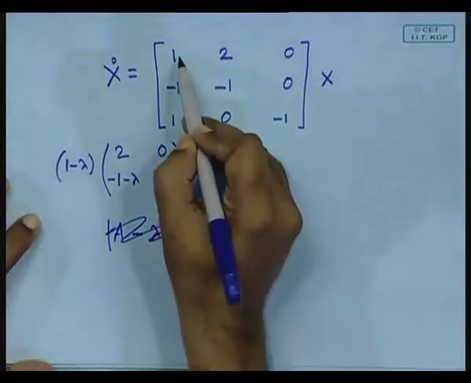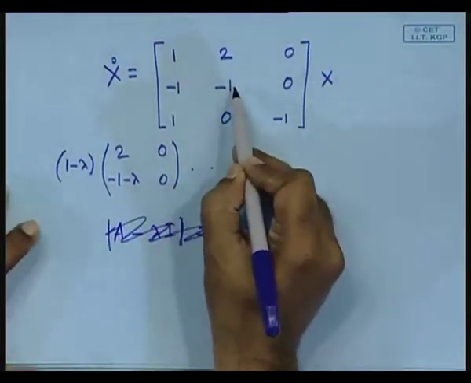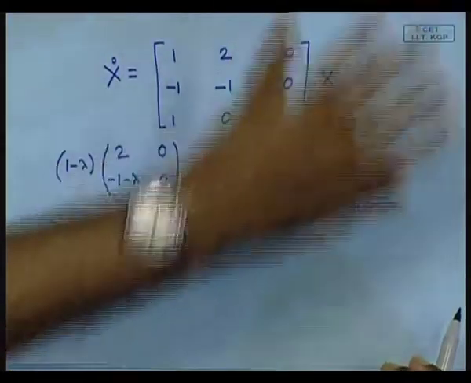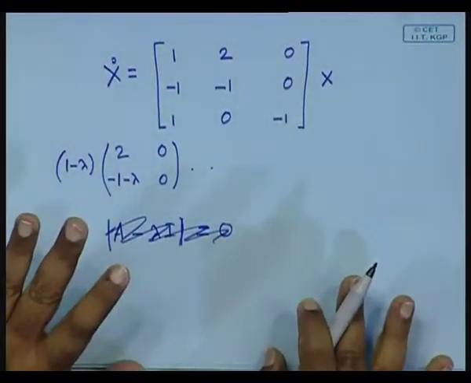Now, if I slightly change the values, this was a purely imaginary case. If I slightly change the values, say I make it 1.2, 1.1, something like that, what will happen? It will no longer remain purely imaginary, it will become complex conjugate.